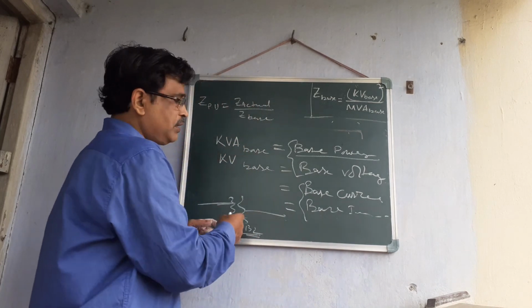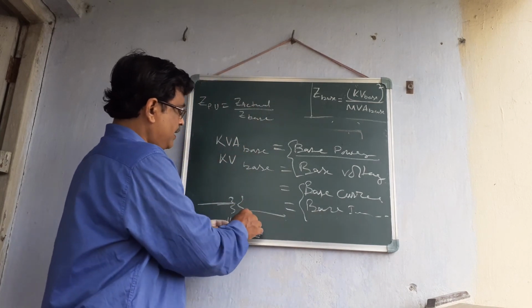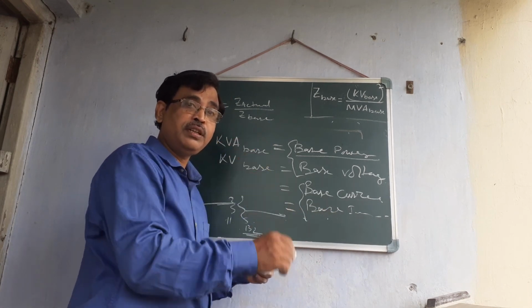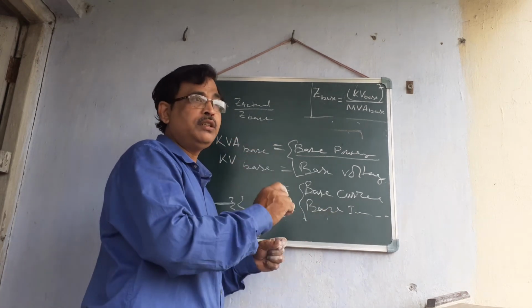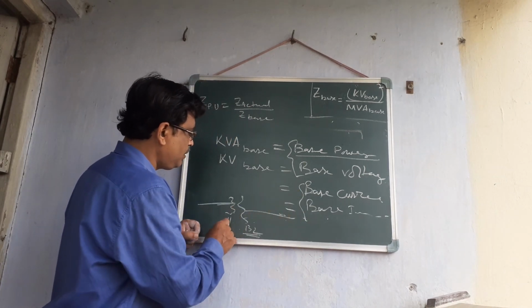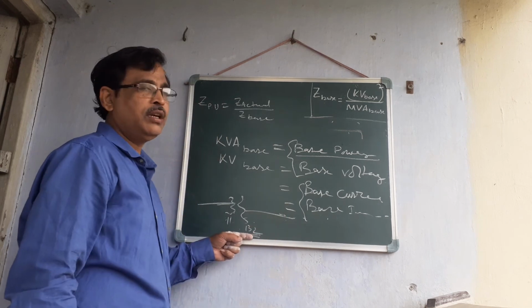But due to transformer action, the base kV will differ from position to position. Here the base kV is 11, and on this side the base kV will be 132.